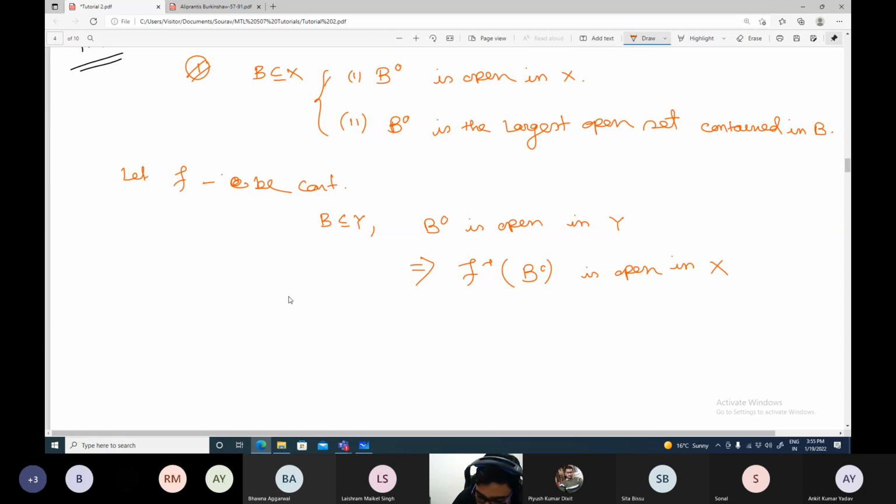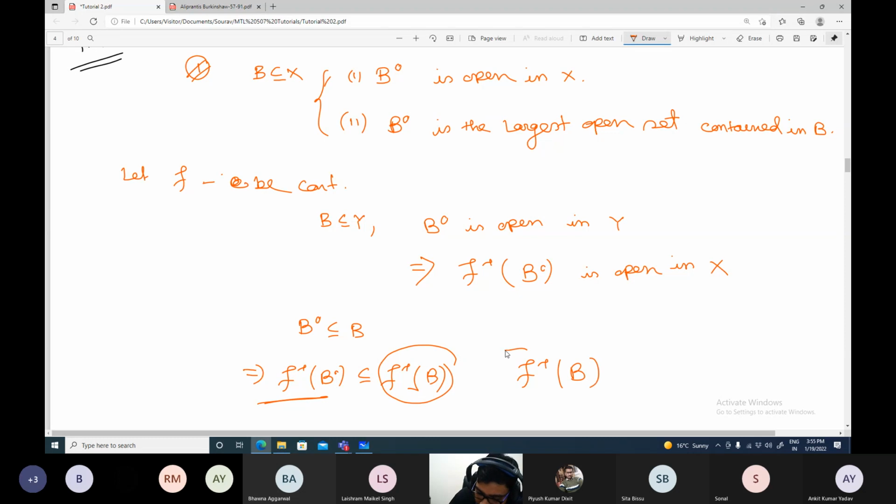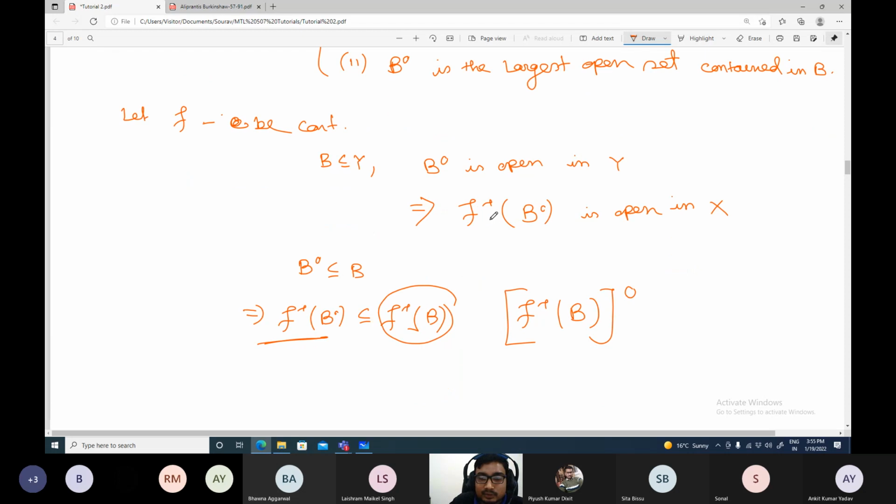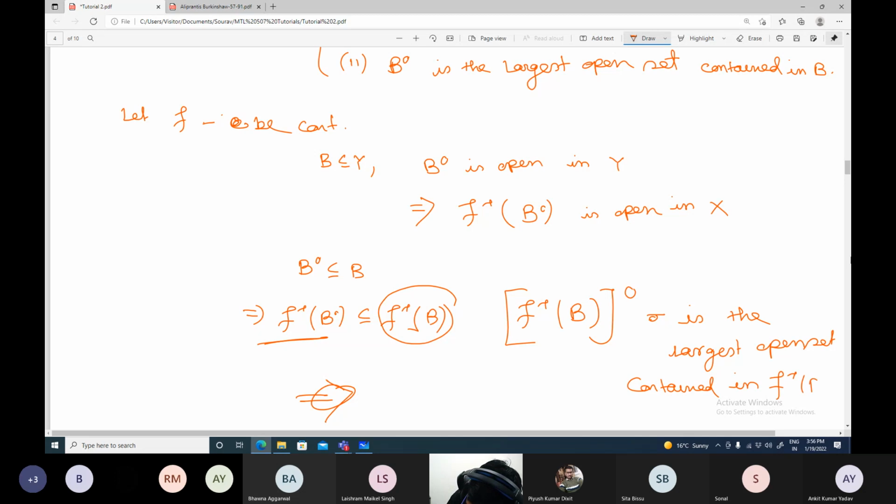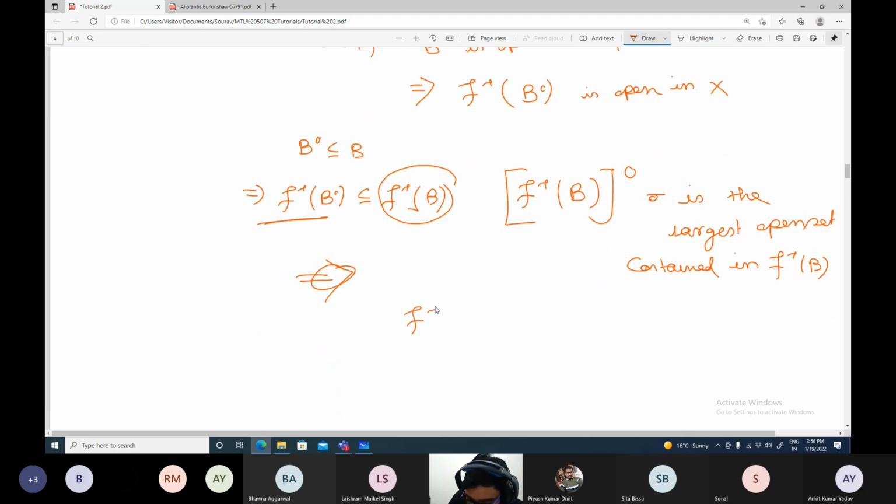So now again, this B naught is contained in B, so we can say F inverse of B naught is contained in F inverse of B. So F inverse of B naught is an open set contained in F inverse of B, but the interior of F inverse of B is the largest open set contained in F inverse of B, and therefore we can say F inverse of B naught is a subset of the interior of F inverse of B.